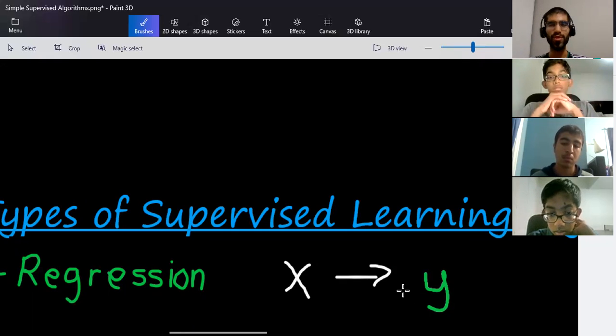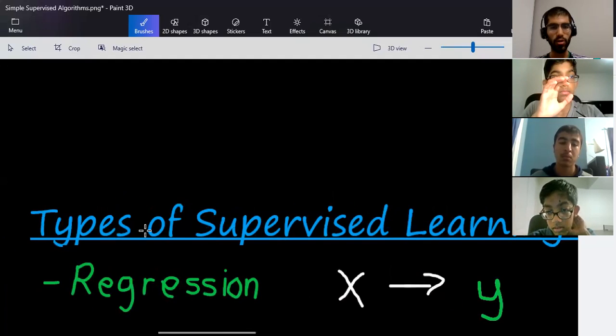That's a famous example for beginner machine learning applications, house prediction. So that's an example of how you might have a regression algorithm to solve a regression problem.